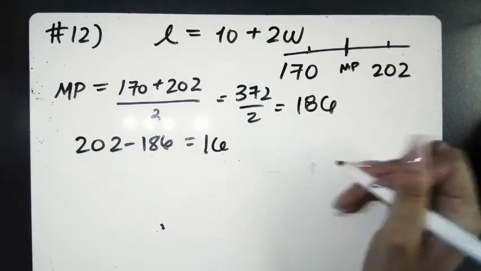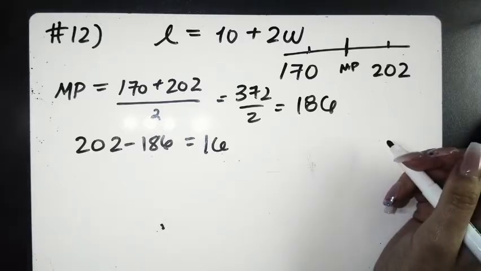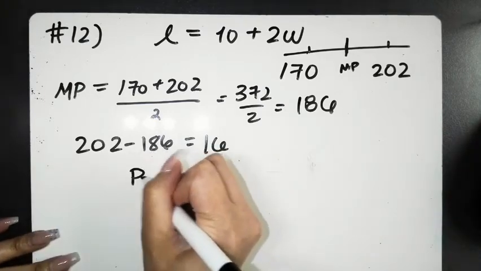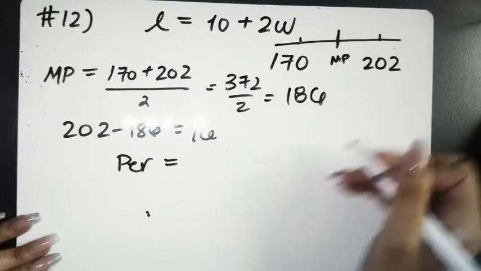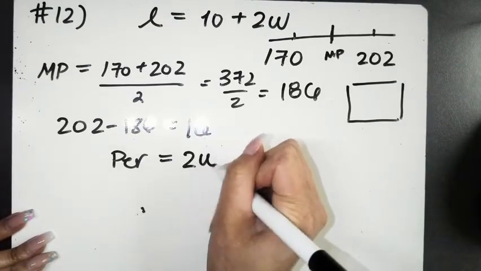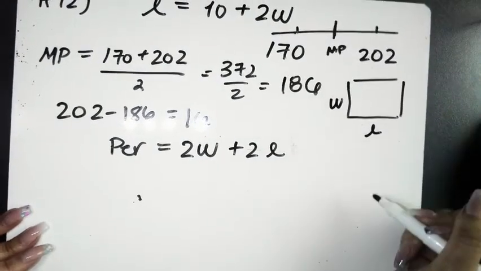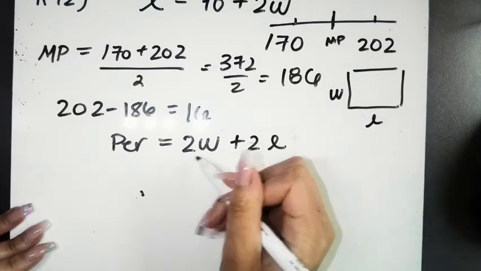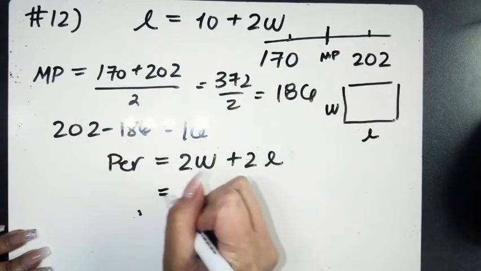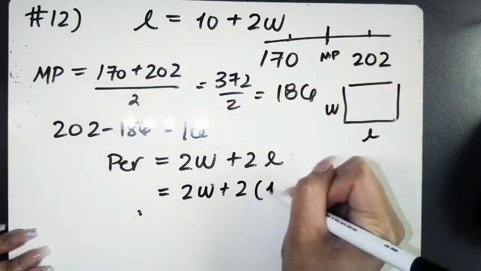Therefore, you can build your absolute value inequality. But you're like, how? Well, here's the trick: the perimeter of a rectangle is 2 times the width plus 2 times the length, assuming this is W and this is L. You replace with the information that we have over here, so the perimeter is going to be 2W plus 2 times that chunk.